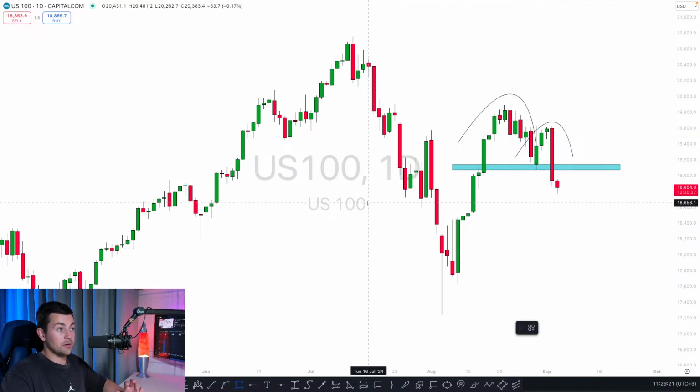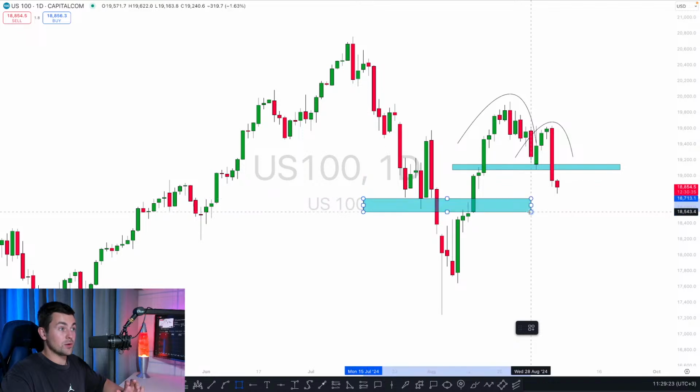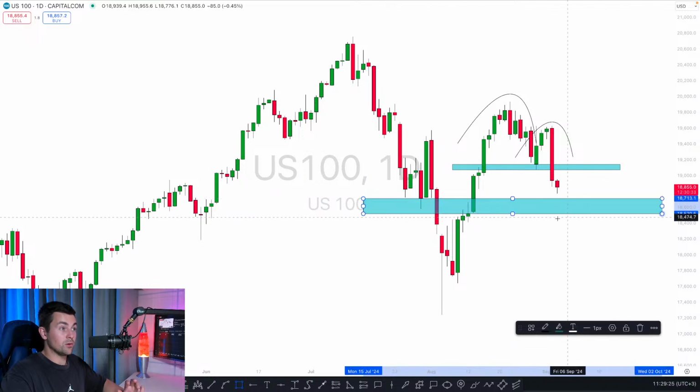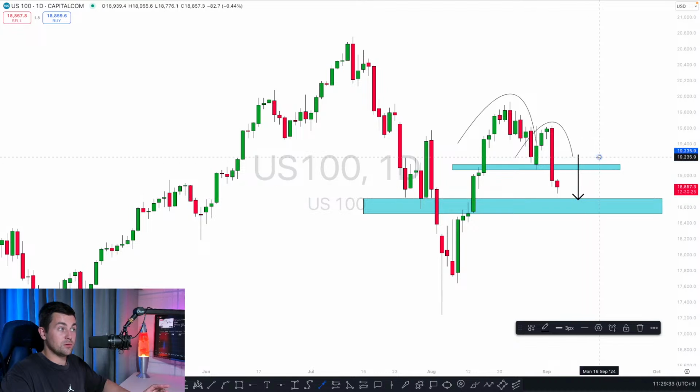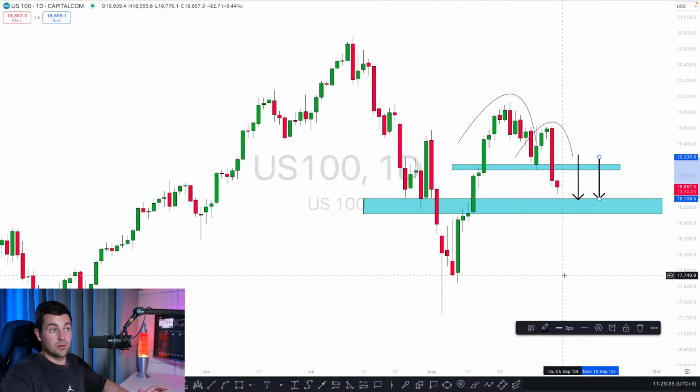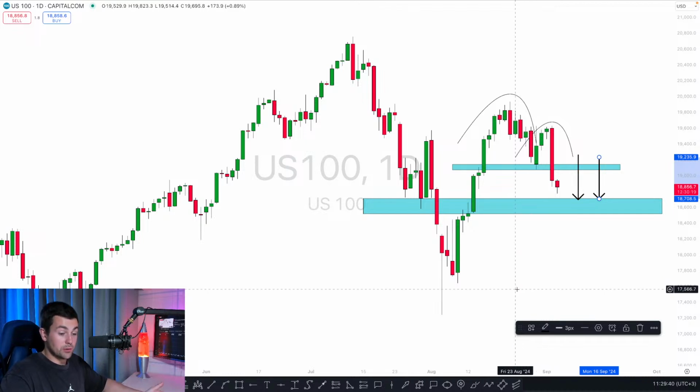Our closest strong key daily structure support is right here, and I do believe that the index has a nice potential to drop lower to that structure. So I am bearish. I have a very bearish outlook for this one.